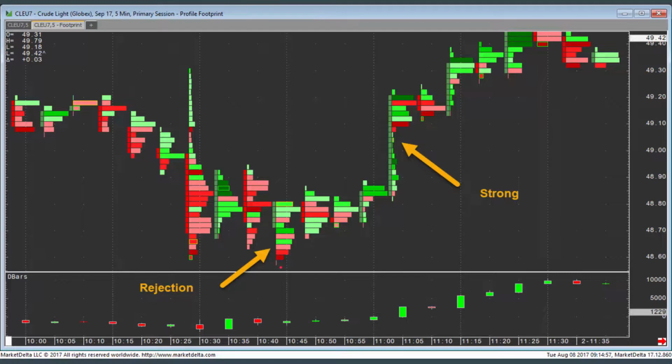It would have been really good if I had done one in the imbalance footprint to see if we got an imbalance buy trigger down here. I really like to see that type of pattern. But here's our bar delta, or the delta bar.